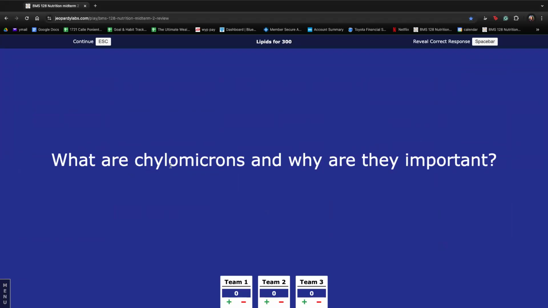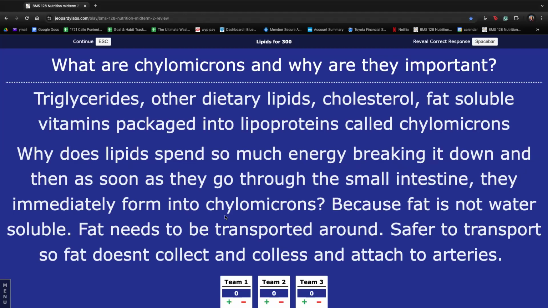What are chylomicrons and why are they important? Yes, it's a lipoprotein. Out of all the lipoproteins, I wish I had a picture of this. It looks so crazy because it's this conglomerate of triglycerides, dietary lipids, cholesterol, fat-soluble vitamins, packed in this asteroid-looking thing that looks really gnarly.